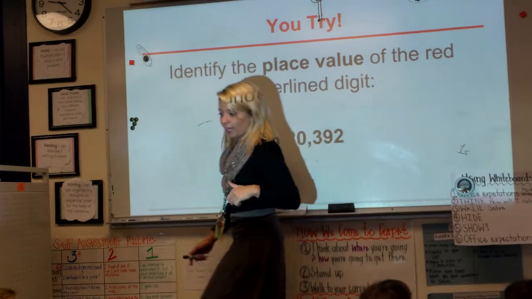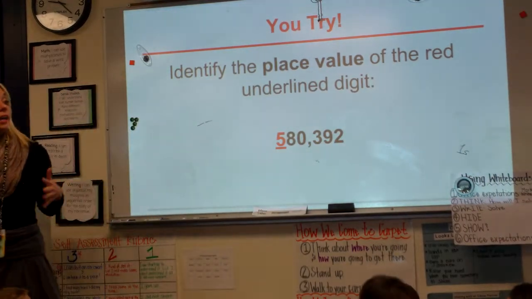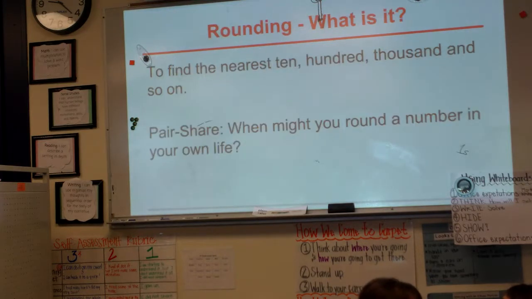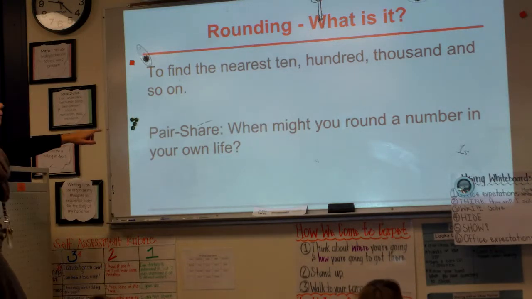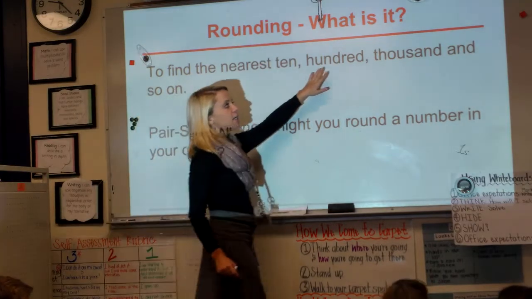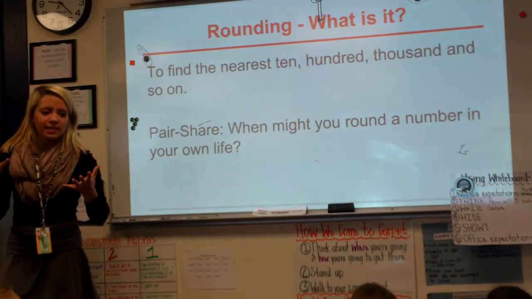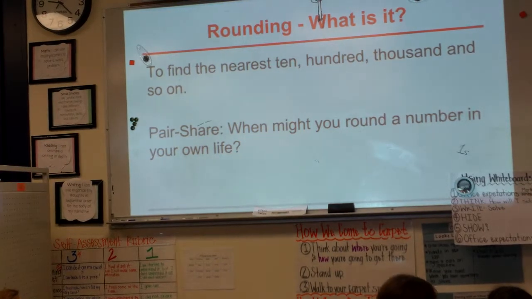Great job, 4th grade. I heard everyone respond 100,000s. So right now, just to review, when we're rounding, we're looking for the nearest 10, 100, thousands, and so on. So that's again our focus for today.